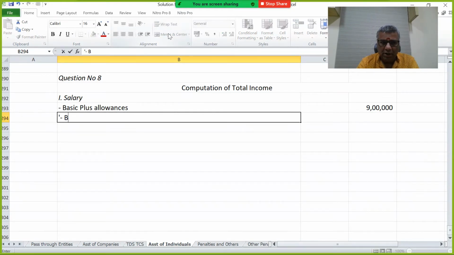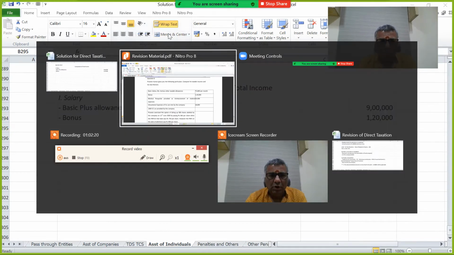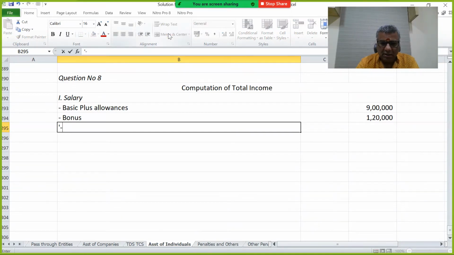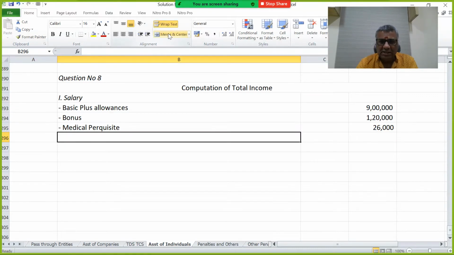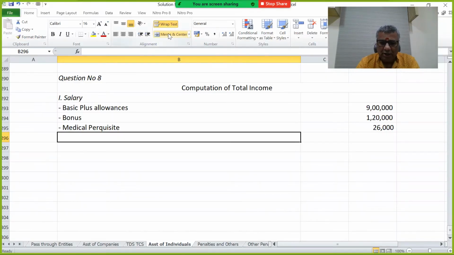Okay, bonus 1,20,000. Medical perquisite. Okay, if you remember, you will get 15,000 exempt for this, that is gone. Okay, 26,000 fully taxable.